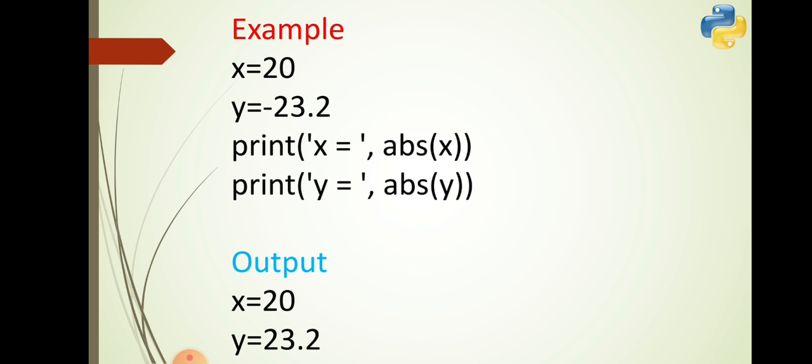Absolute value is used to give the absolute value of a number. The first one is a positive number, and the second one I gave is a negative number. What will happen? Absolute value means the original value. What is the original value? 23.2 is the original value. So it omits the negative symbol and produces the result.